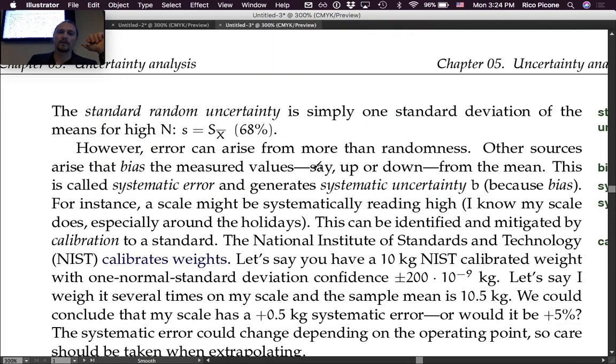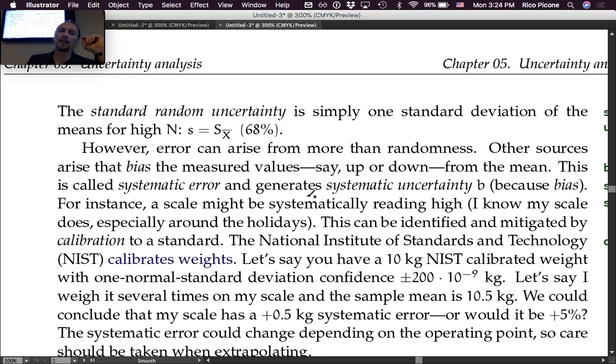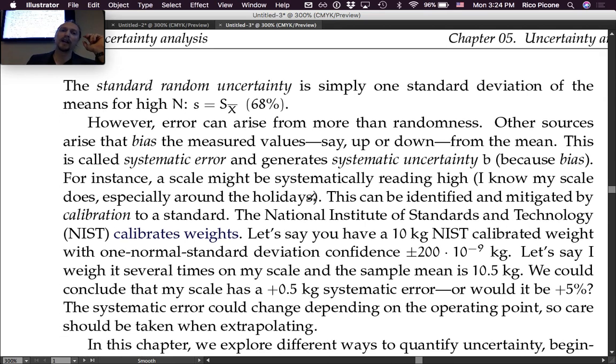All right, so the standard random uncertainty, this is sort of just a terminology thing, is simply one standard deviation of the means for high n, meaning we assume it's a normal distribution this time, and we want to go one standard deviation.